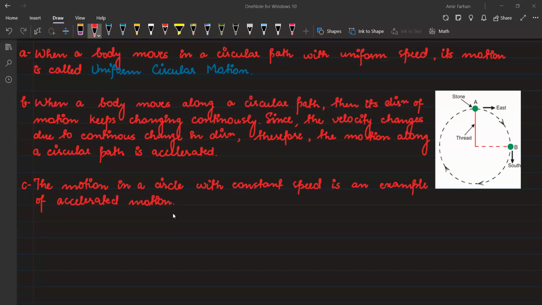Okay. Is this clear, all of you? Yeah. Next thing is basically to move the ball.